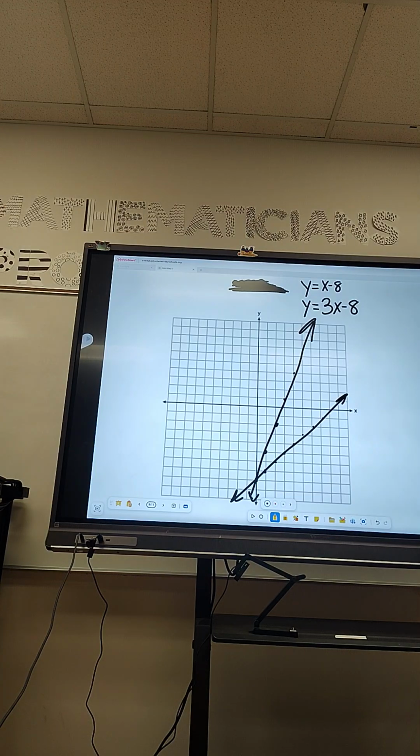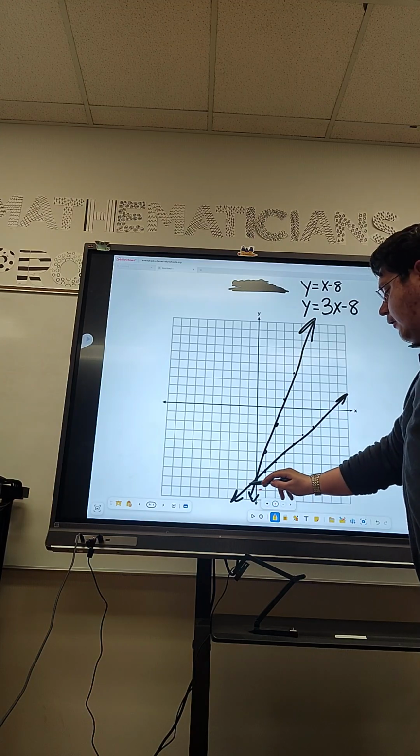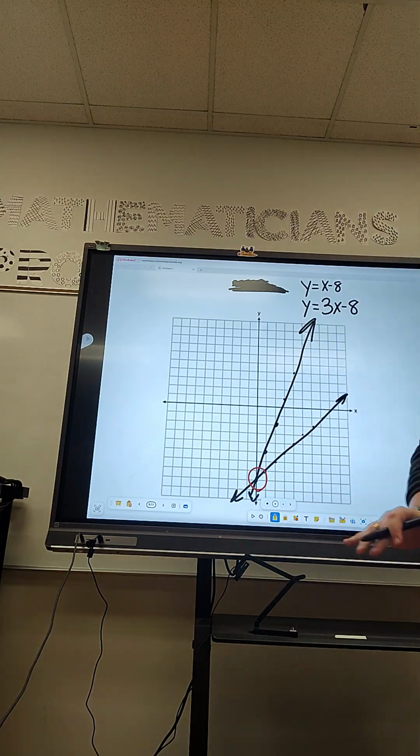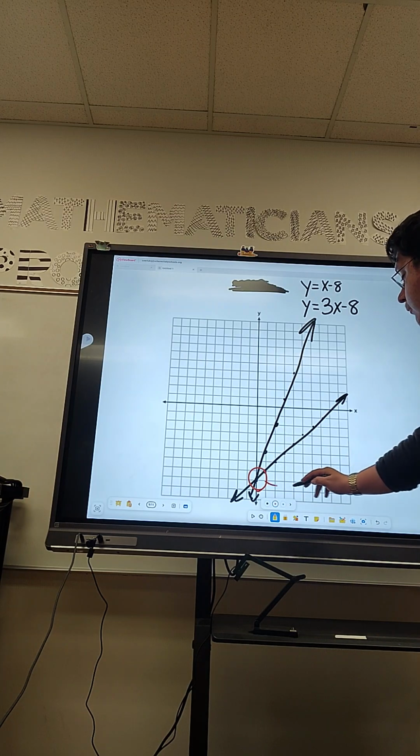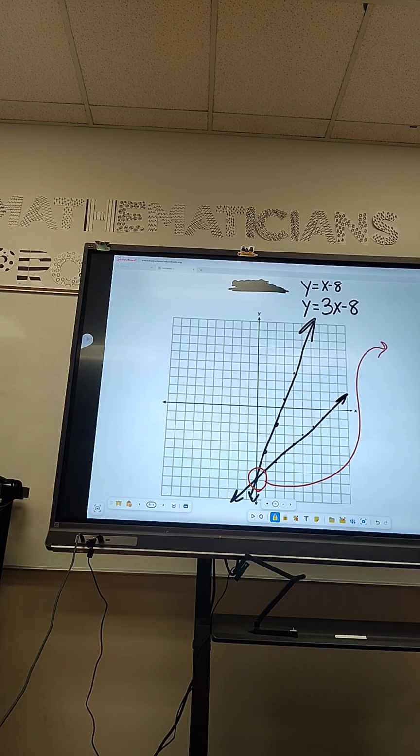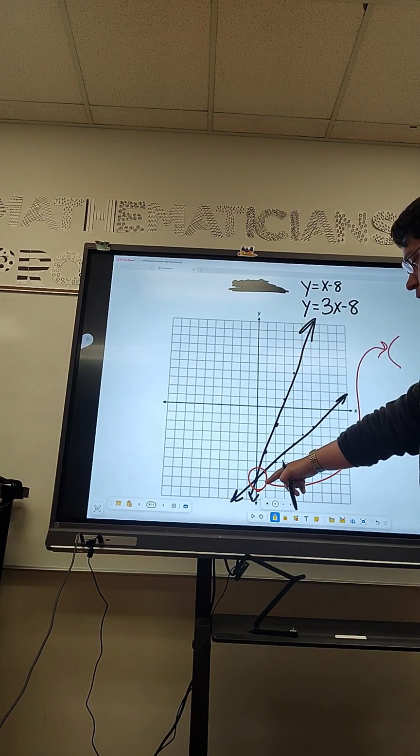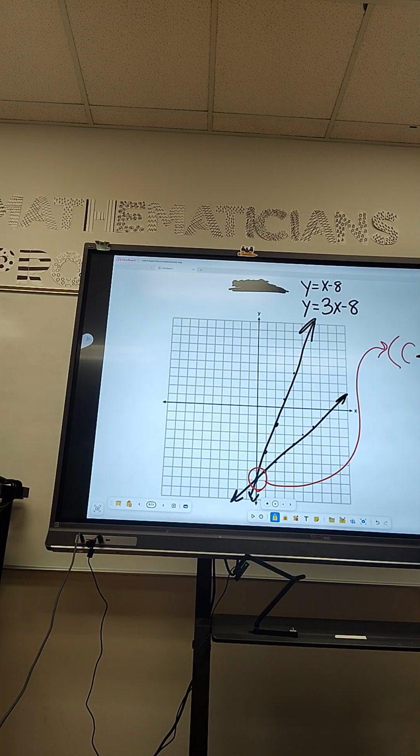All right. What these questions are asking, when you are graphing a system of equations, it wants you to find where they touch. That's the only thing that this does for you. Graphing multiple lines just wants you to know where they are touching. So at this coordinate right here, this would be the coordinate 0, -8.